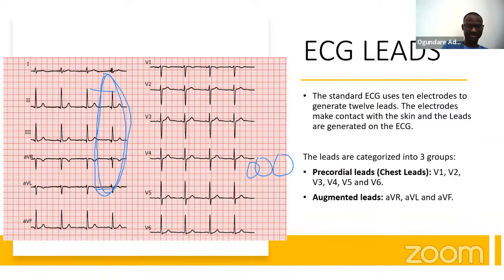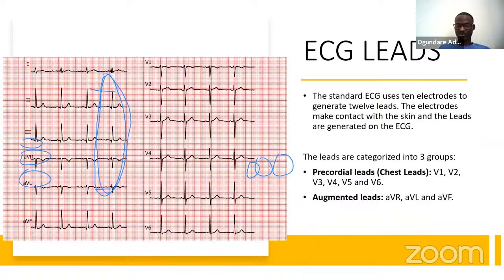If you look at the last three leads showing on my screen here, these are the augmented leads. So you have AVR, AVL, and AVF. I'm going to show us what each of them shows and how they are generated.